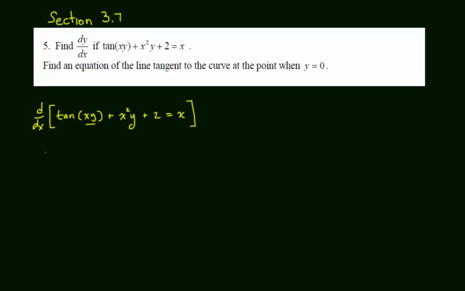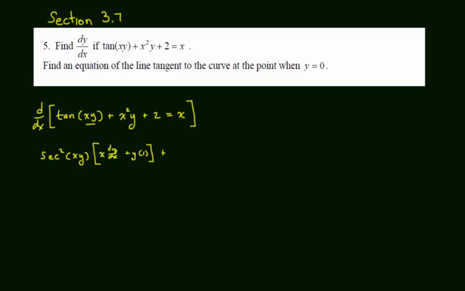The derivative of tangent stuff is secant squared stuff. Now we're ready for the derivative of the stuff, and we have first term times the derivative of y with respect to x, which is dy/dx. Remember, we treat y like it is its own stuff. Plus second term y times the derivative of x, which is 1.